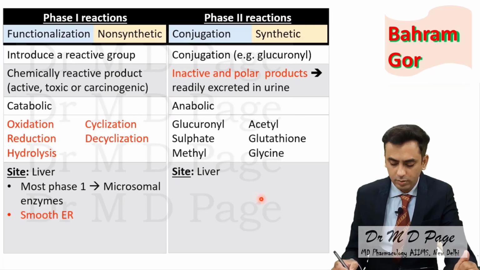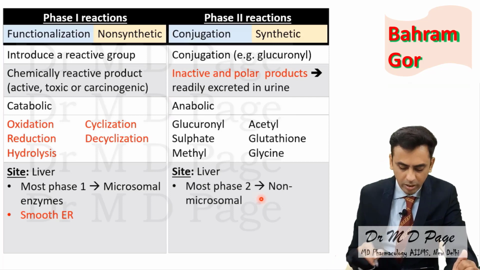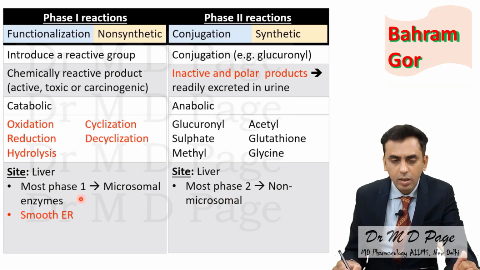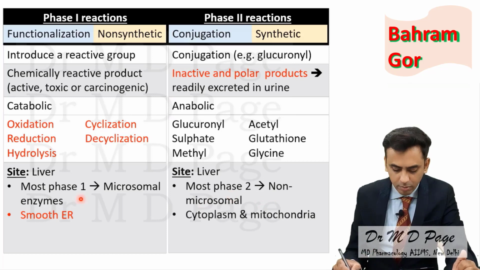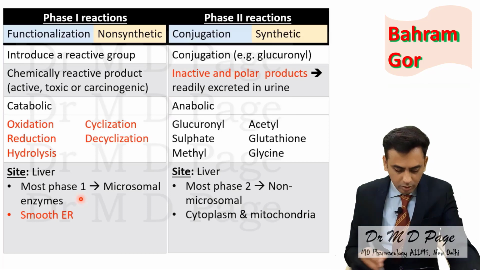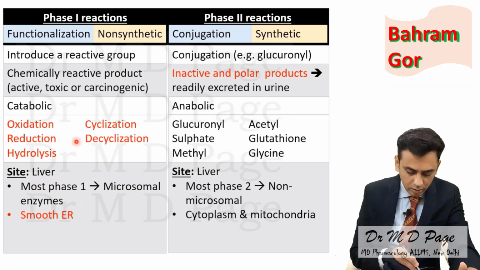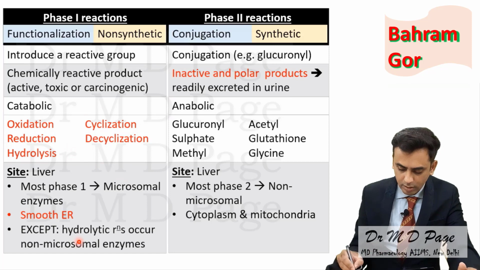And phase 2 reactions, where do they occur? They also occur in liver. Most phase 2 reactions occur in non-microsomal enzymes, which are located in the cytoplasm and mitochondria of the cell. Because I have said most, there will be exceptions. All phase 1 reactions happen in microsomal except hydrolysis.